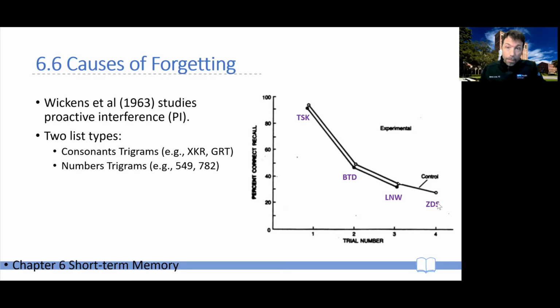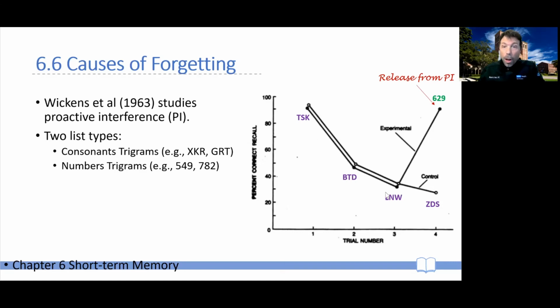The interesting thing is that the experimental group, on the other hand, instead of getting another consonant trigram, got a digits trigram, so a trigram made of numbers. And turns out participants now are instantly better. And this is known as release from proactive interference. The new trigram is no longer interfered with by the old ones because it comes from a completely different group.